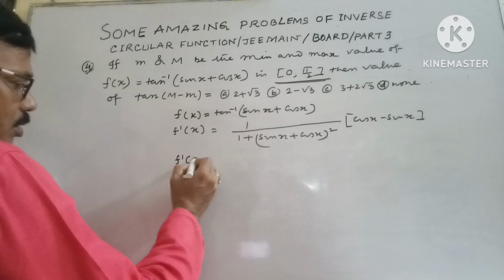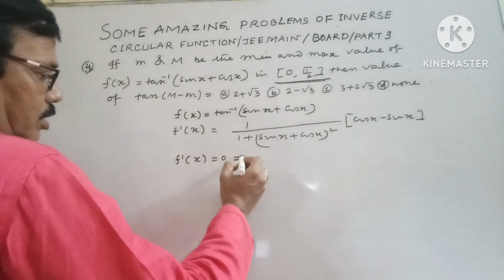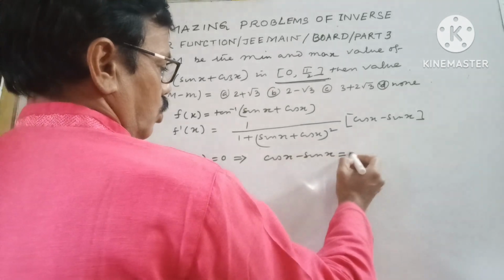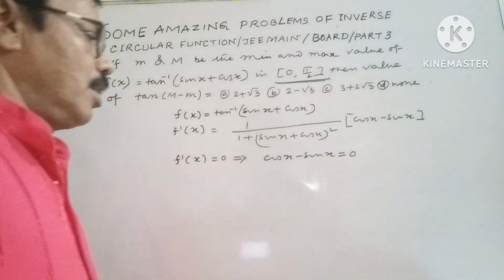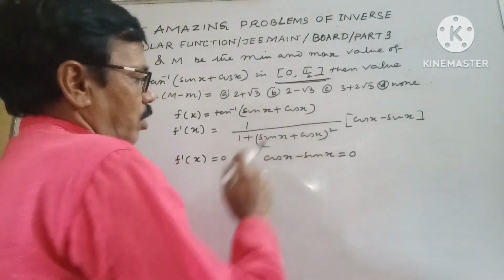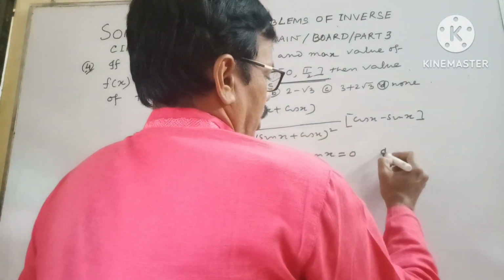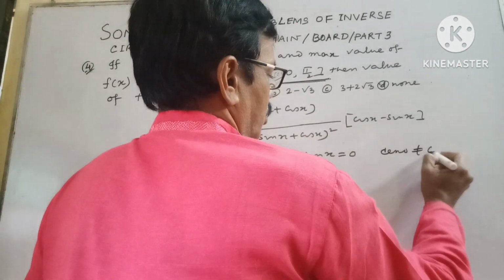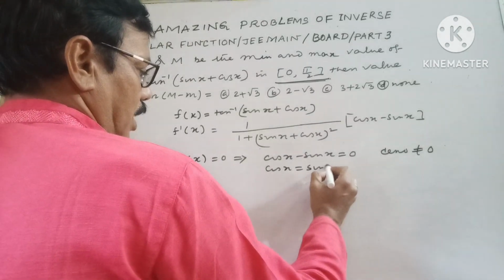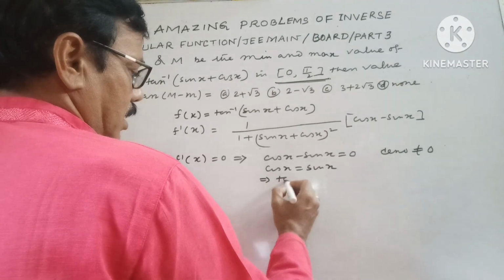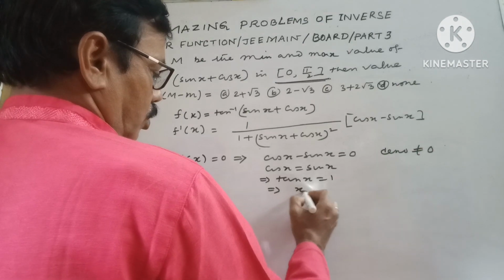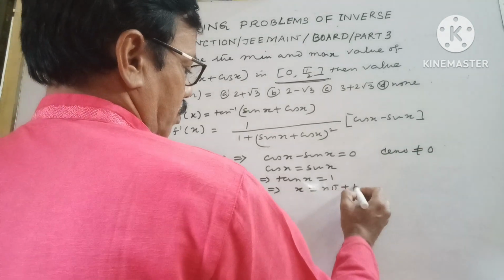Now f'(x) equals 0 implies cos x minus sin x equals 0, because the denominator, 1 plus a square term, is non-zero. So we are getting cos x equals sin x, so tan x equals 1, so x equals n pi plus pi by 4.